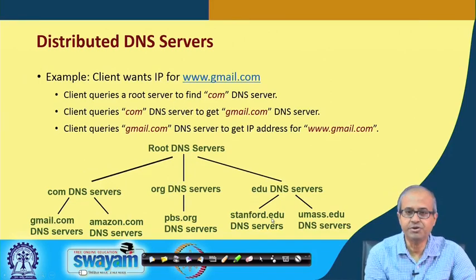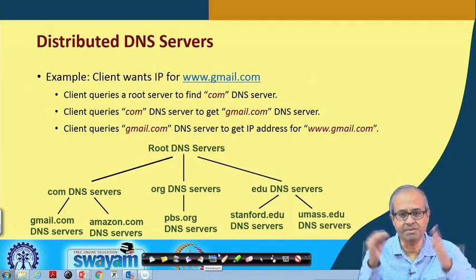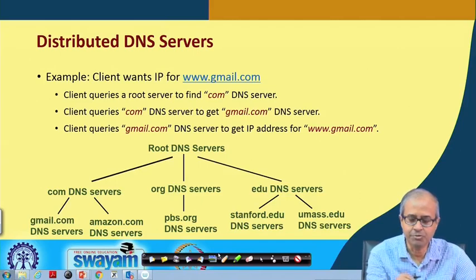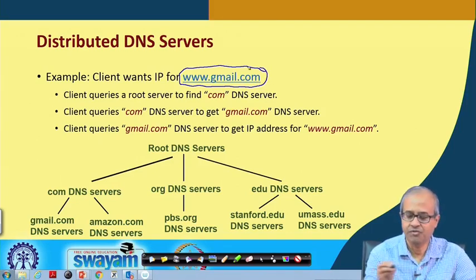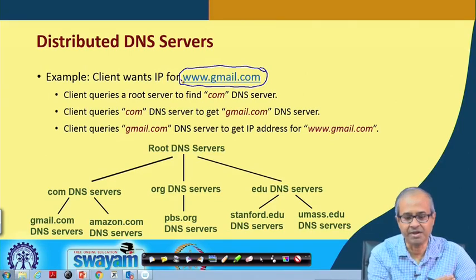Now, distributed DNS server, as I told you, DNS is not in one place, it is some kind of a hierarchical structure. Let us give an example. Suppose we want to access gmail.com. When I say gmail.com, from the right side com, then Gmail, in that order, these are the names of some DNS server. Com refers to a DNS server in the .com domain.